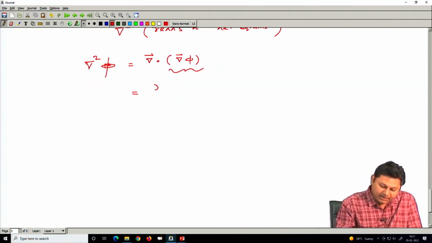So, if I expand, it should be simply del 2 phi del x square plus del 2 phi del y square plus del 2 phi del z square.